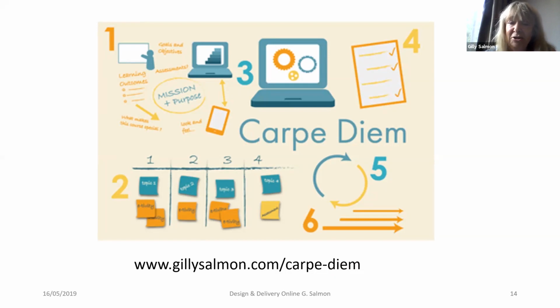And then number 2, you do a storyboard. This is the one on the bottom left. And there you look at all the aspects. You've got the 5-stage model going along, and you look at all the aspects of what you're going to do online, what you're going to do through a video, what you might have people interacting with, where you're going to put feedback.